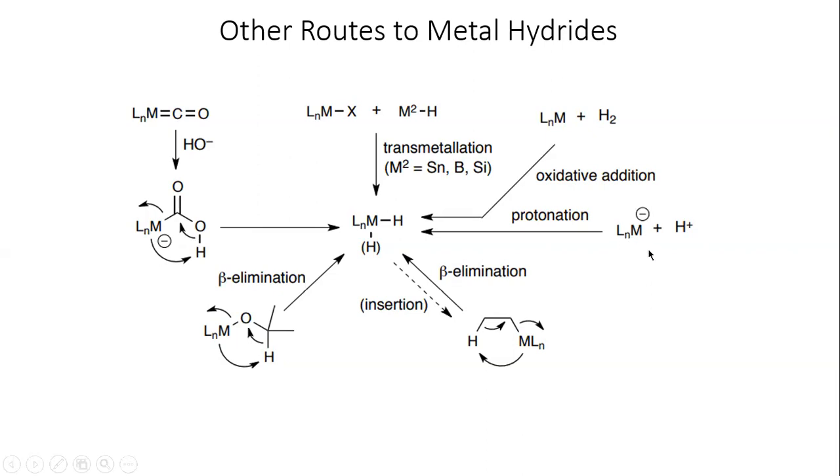You could also protonate a negatively charged metal with a proton source and get to that metal hydride, right? And here you can do beta elimination. We've seen that before. Beta hydride elimination, where the adjacent carbon to the metal, the hydrogen is actually removed from that. So you can do beta hydride elimination to get here.